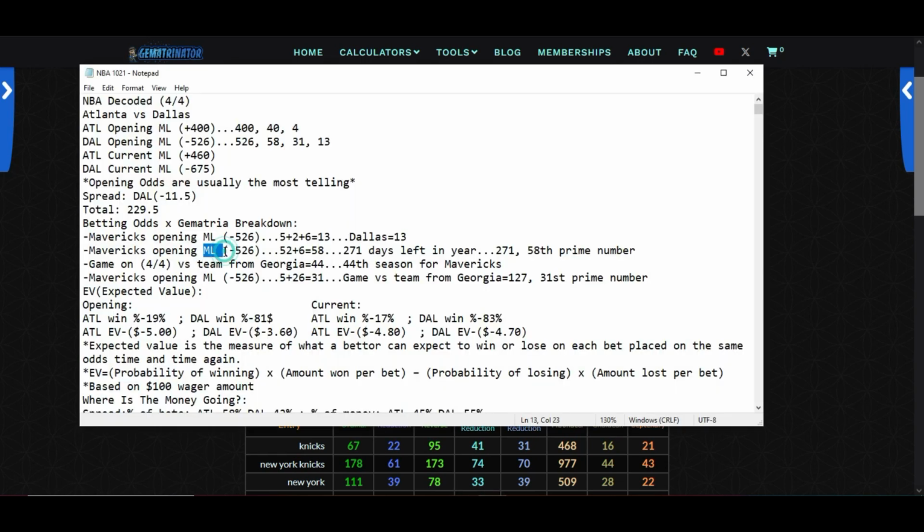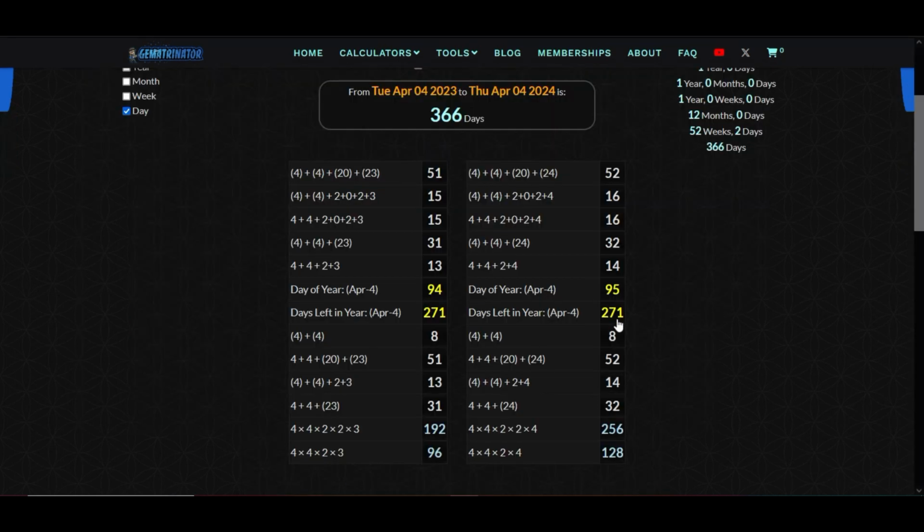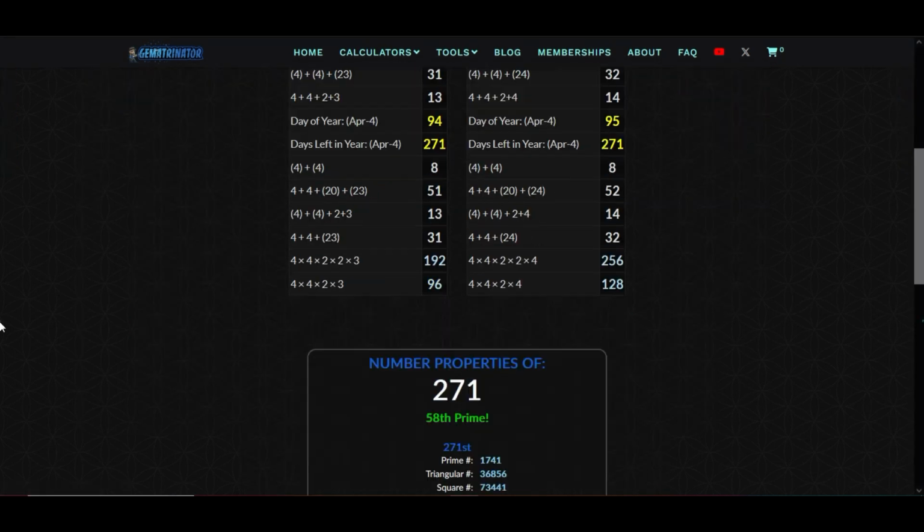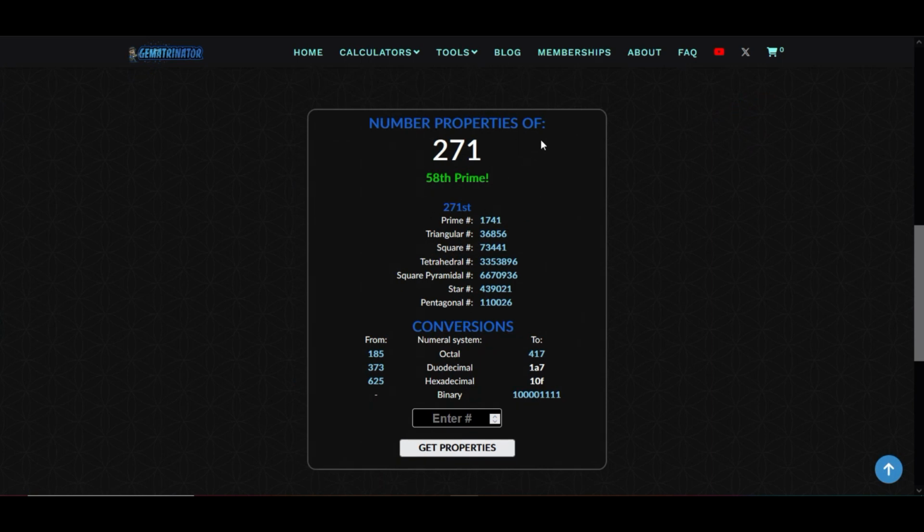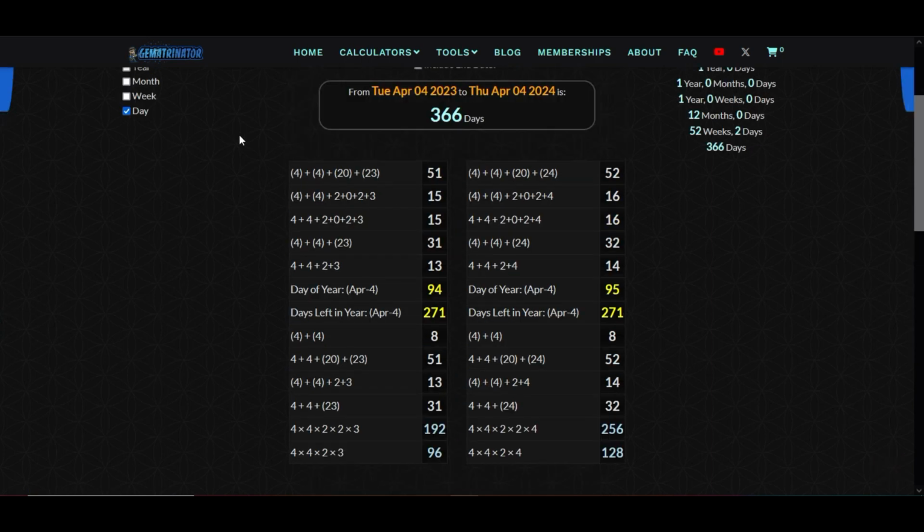Mavericks opening money line at minus 526. 52 plus 6 equals 58. 271 days left in this year. 271 is the 58th prime number. You can see right here, 271. That is the 58th prime number. 271 days left in the year.